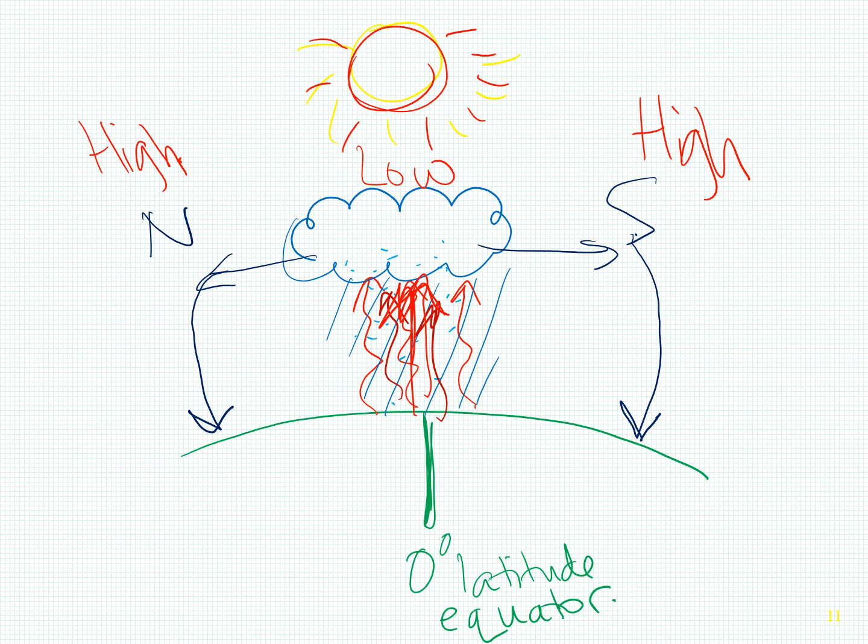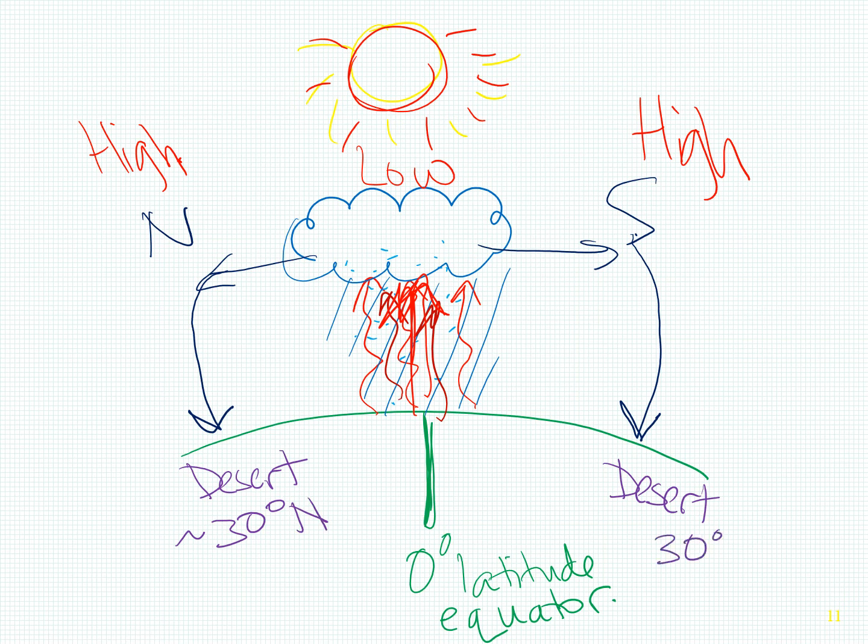It's dry. So if we've got dry air pushing down to the surface of the earth, we're likely to get a desert here and a desert here. And that's around 30 degrees latitude north and 30 degrees latitude south.